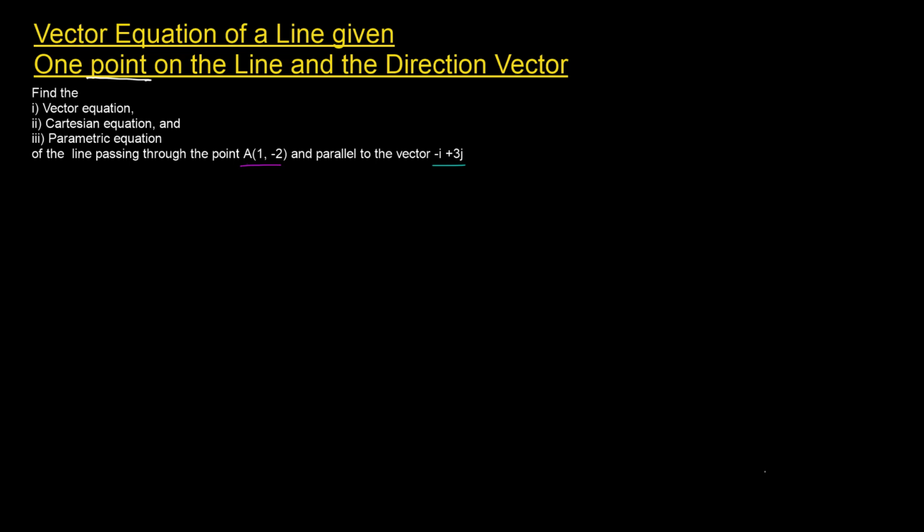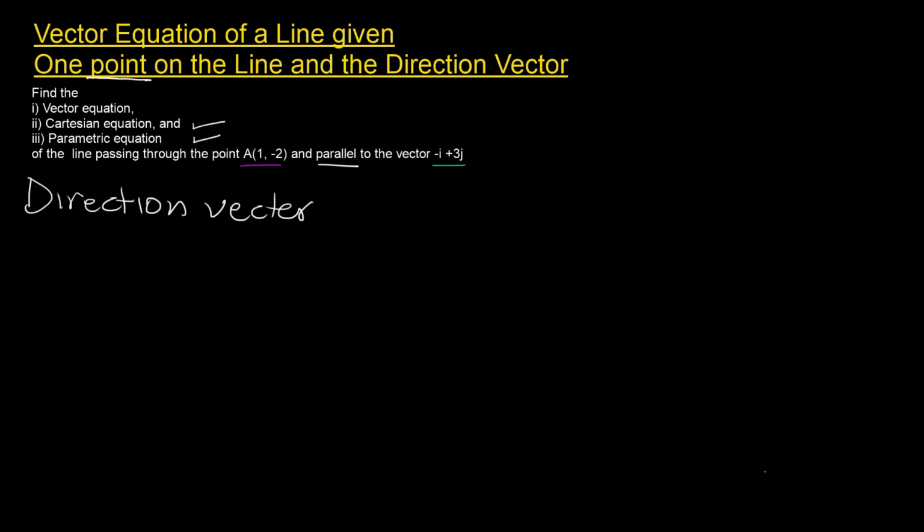It is instructive and very important to note that when writing the vector equation, the most important thing that you have to look for is the direction vector. In this case, we are told to find the vector equation, the Cartesian equation, and the parametric equation of a line passing through the point A(1, -2), and it is parallel.